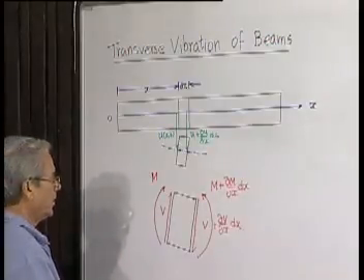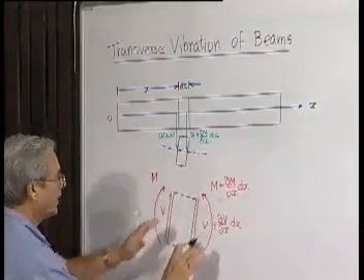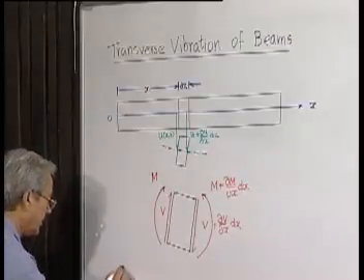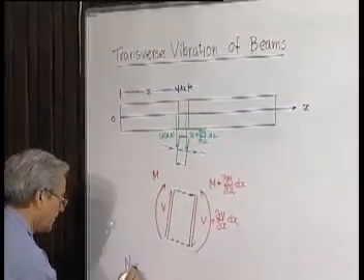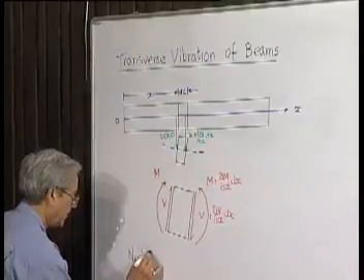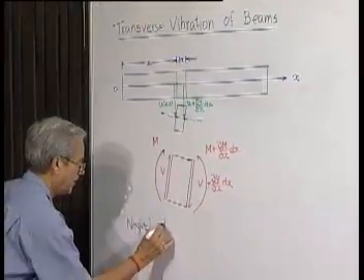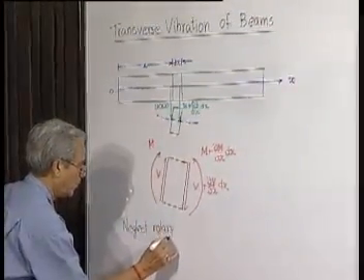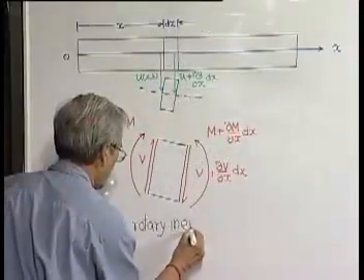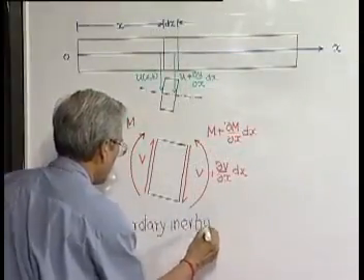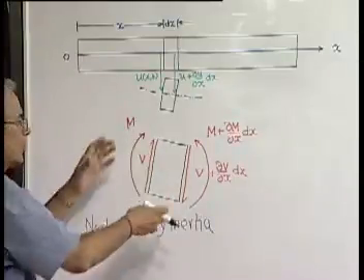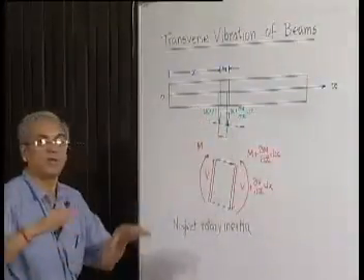First of all, you see that for the total moment we neglect rotary inertia. It means that in this direction rotation, first of all it is small vibration.